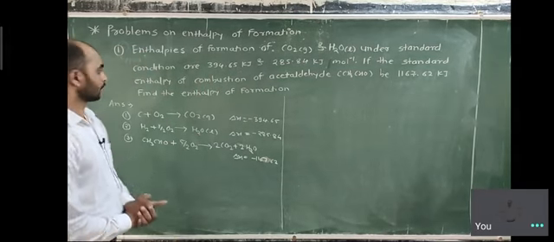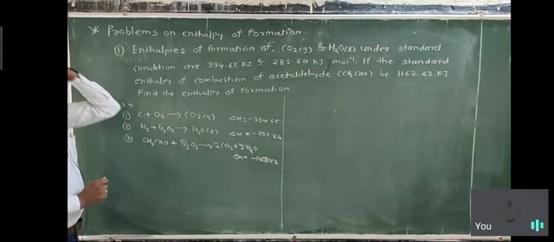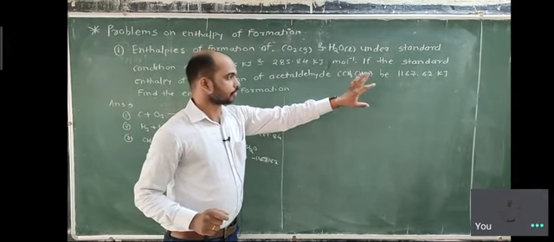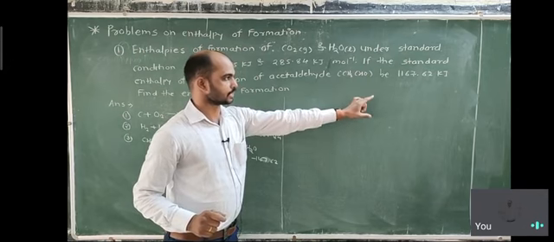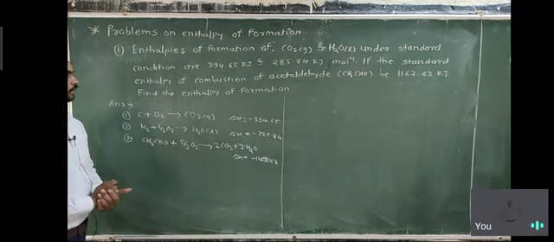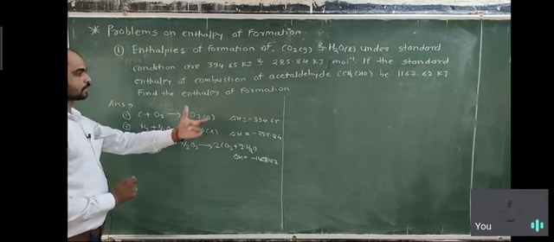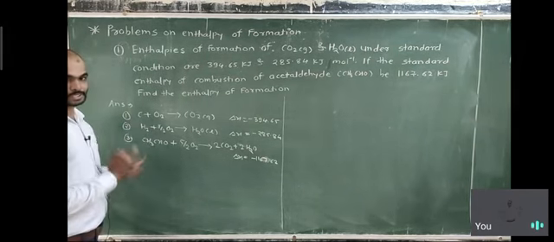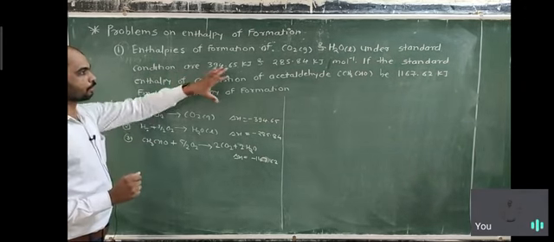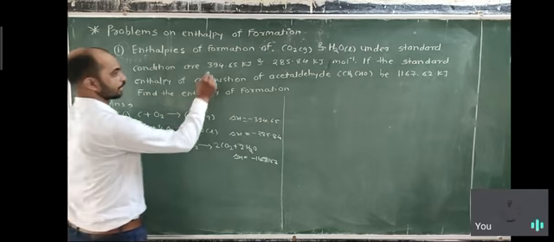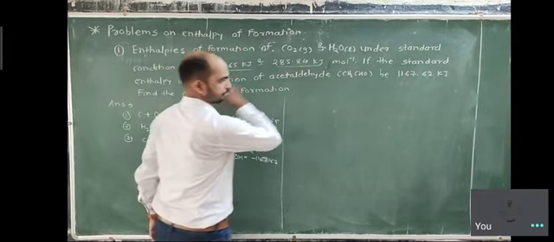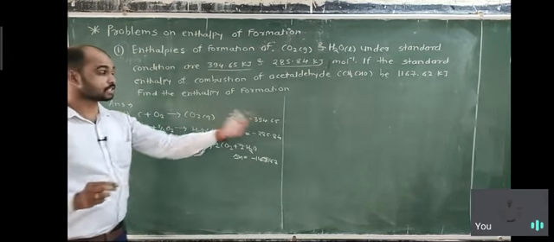If the standard enthalpy of combustion of acetaldehyde, CH3CHO, is 1167.62 kilojoules, then find the enthalpy of formation of the given reaction. The heat of formation is already provided for CO2 and H2O, and the heat of combustion is given.